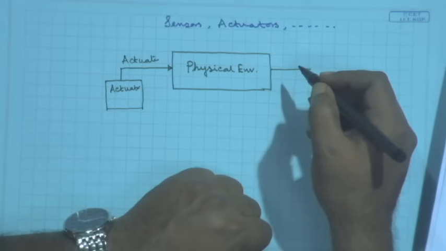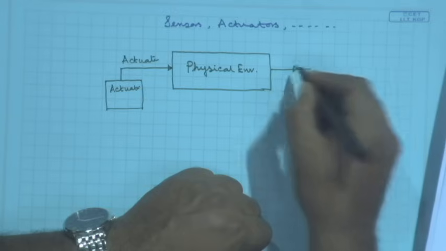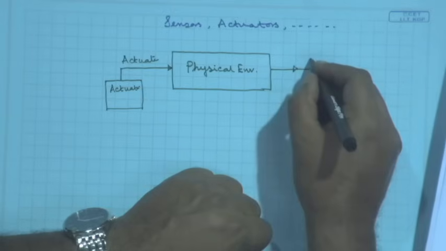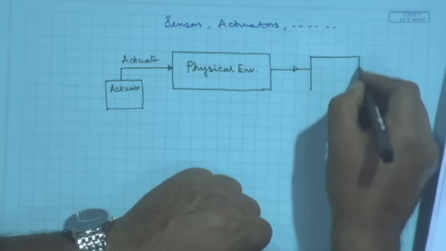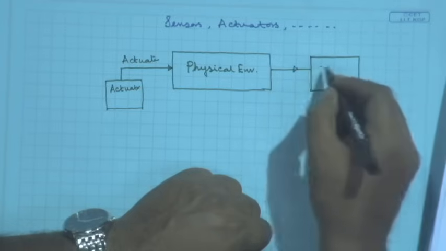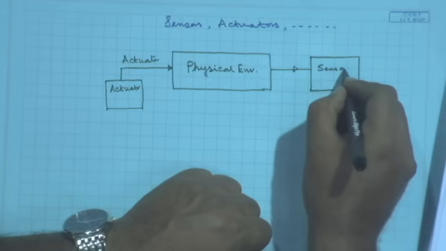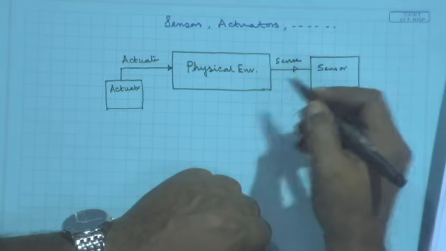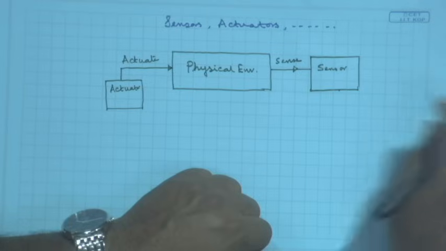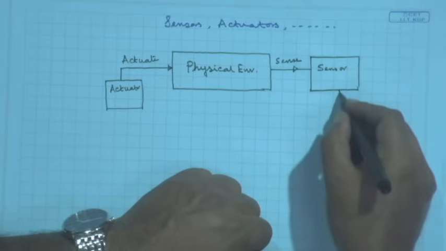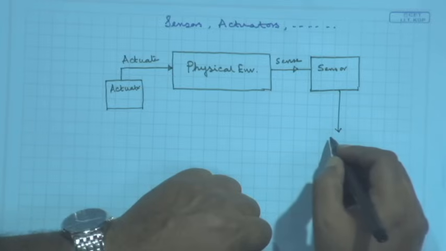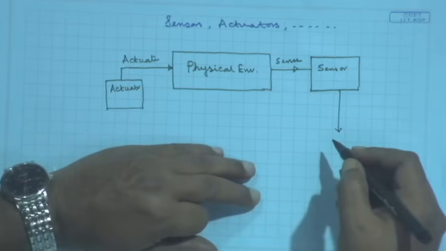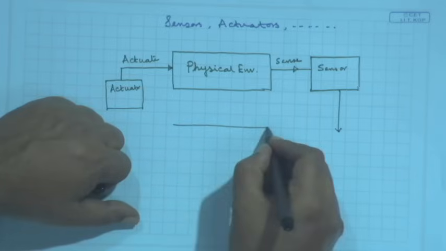Now, we want a particular performance from the physical environment, say the temperature, and for that we need to sense the environment using proper sensors. And this sensing, we have done in an earlier lecture. If my information processing is digital, I will be doing some sort of information processing here.